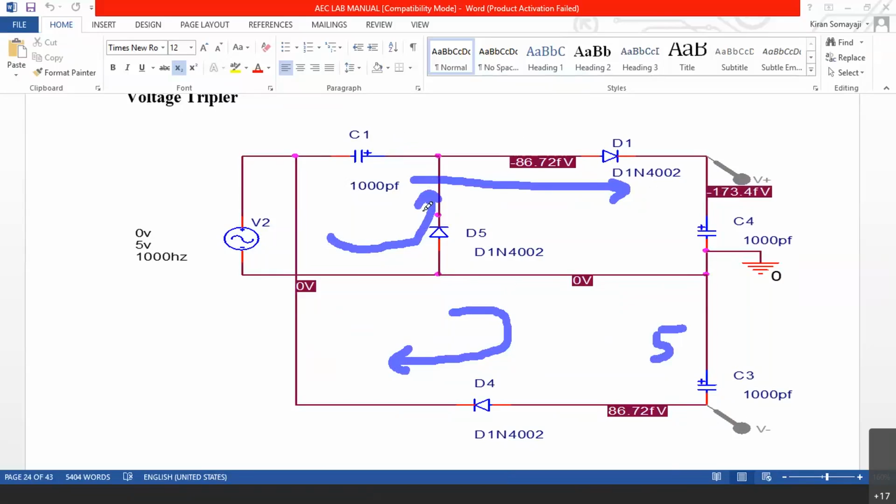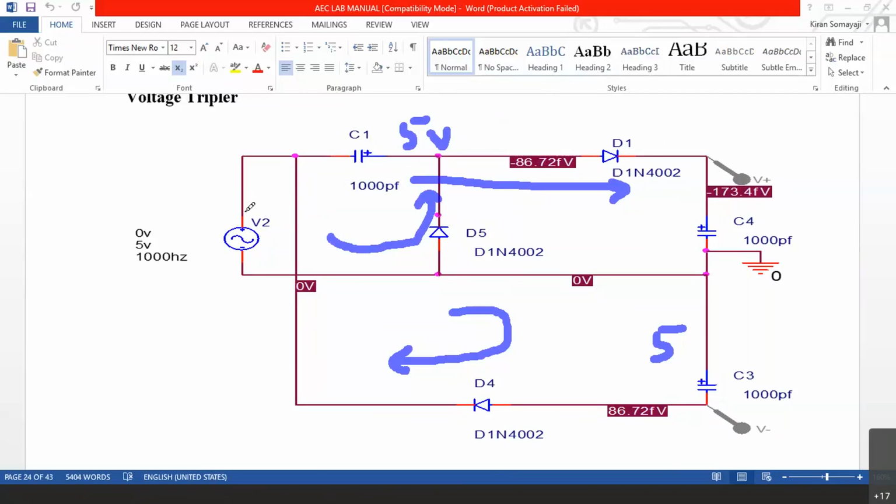And when D5 is conducting in this direction in the negative cycle, at this point, there will be 5 volts. C1 will retain this 5 volts. And D1's one end is at 5 volts. Now in the positive cycle, when D1 is conducting, C1 is passing AC, but that AC is having a superimposed 5 volts DC.